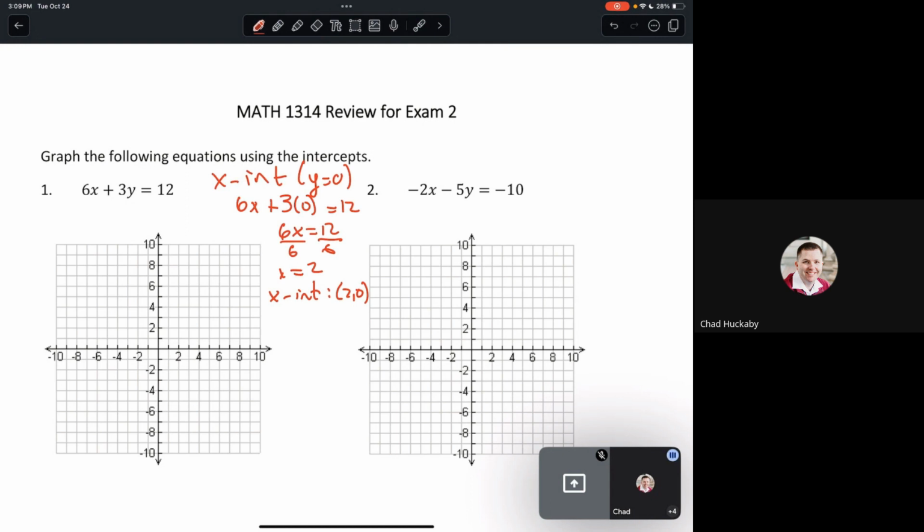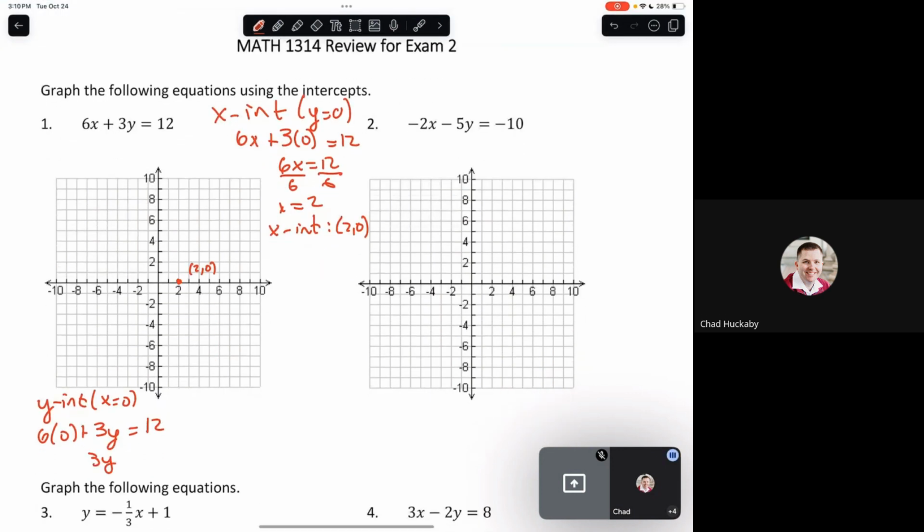And we can graph that on the axes here. 2, 0 is right there. And then we need to find the y-intercept. Well, the y-intercept is when the x value is equal to 0. So we can plug that in and we get 6 times 0 plus 3y is equal to 12.